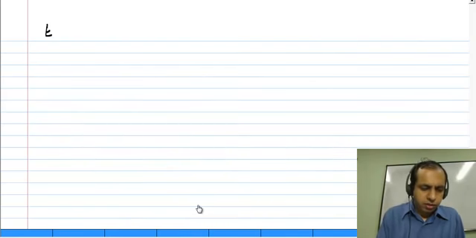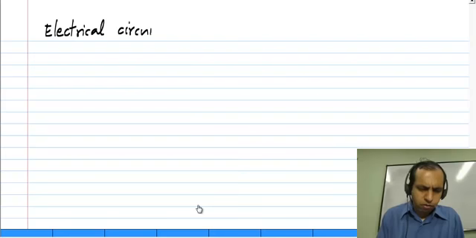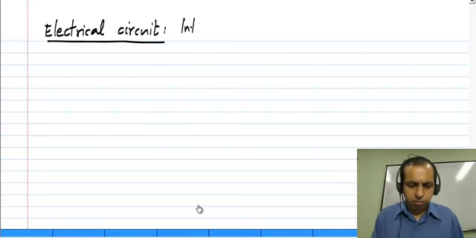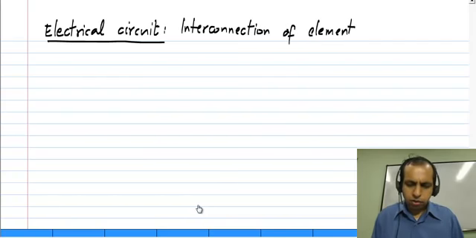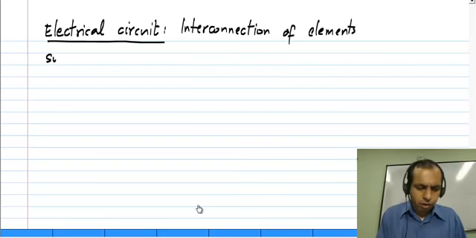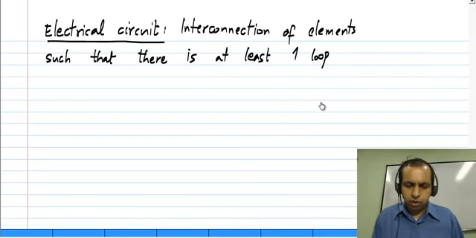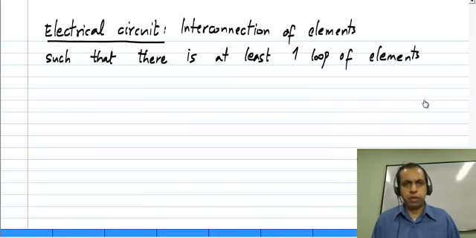Now, what is an electrical circuit? It's basically an interconnection of elements such that there is at least one loop of elements.